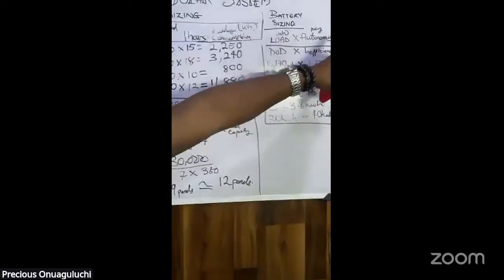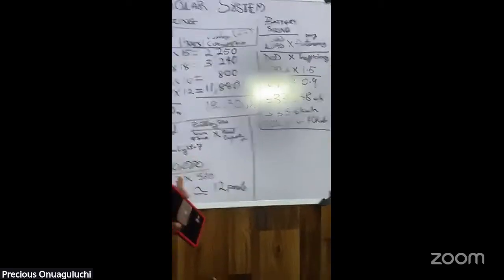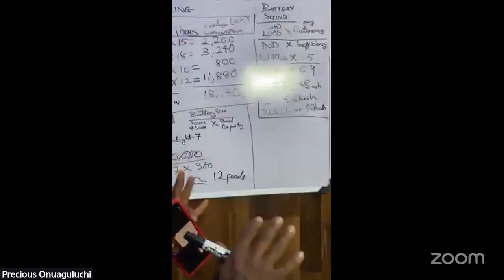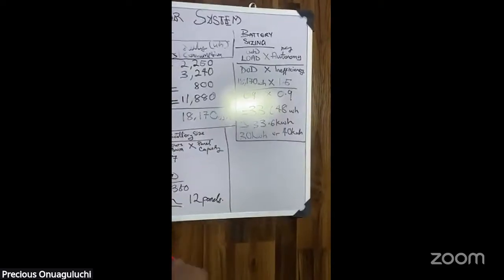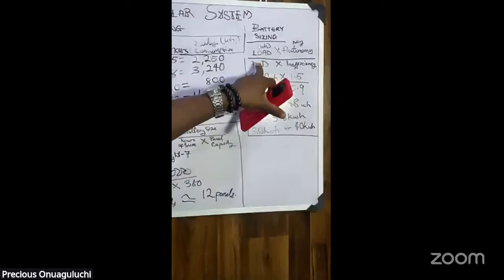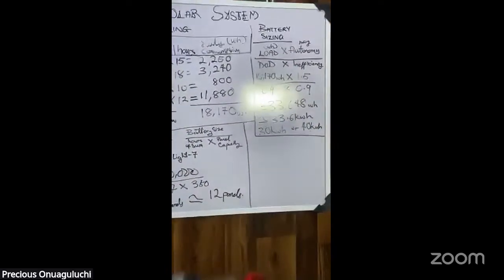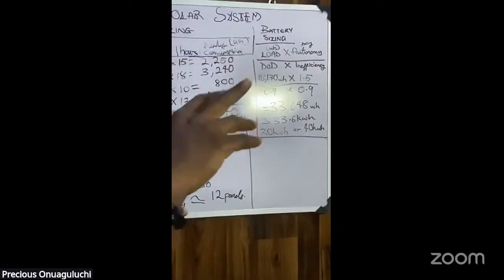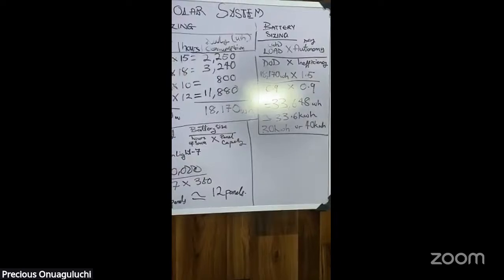Especially when you're working with days of autonomy of 1 day, you must be careful in the system sizing, because you must size the system, a panel size that does the same job every single day without a miss. Depth of discharge is the level to which you can discharge your battery, and the inefficiencies just say that energy cannot be transferred at 100%.